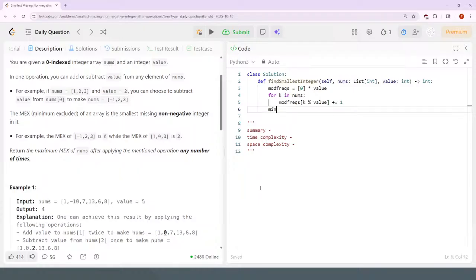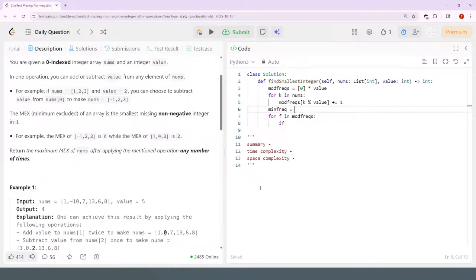So I think this is going to be min frequency equals minimum. Actually, I probably could do something like min frequency equals, let's say, 0, for k, for f in the mod frequencies.